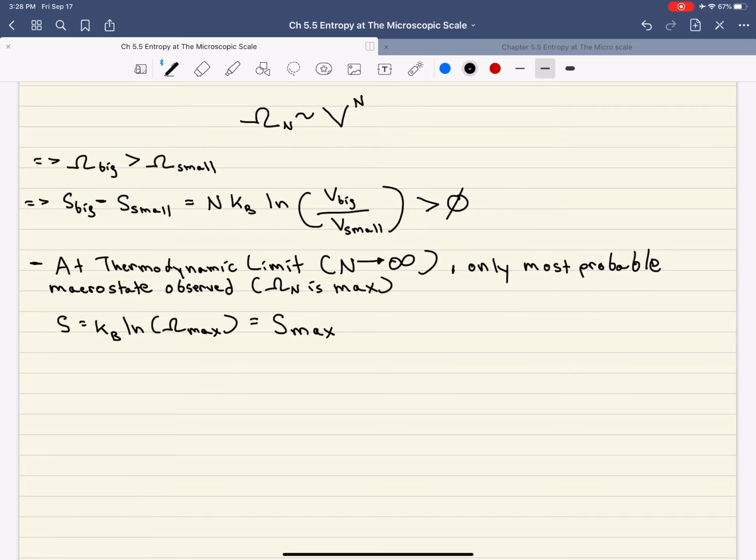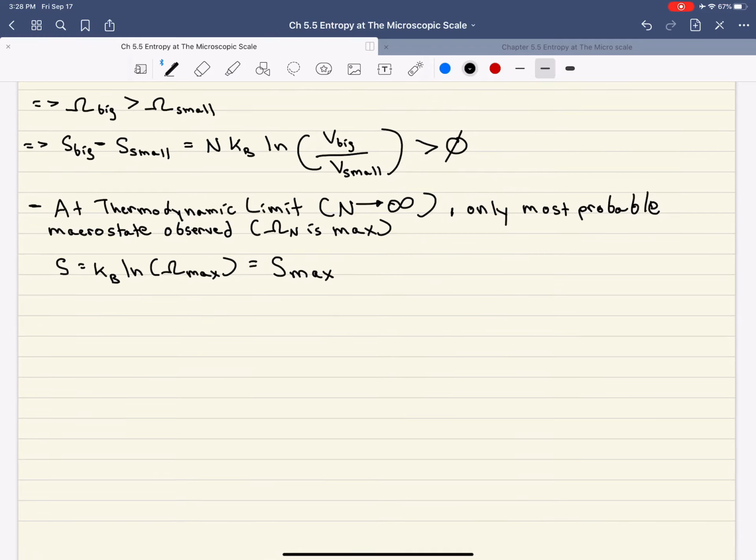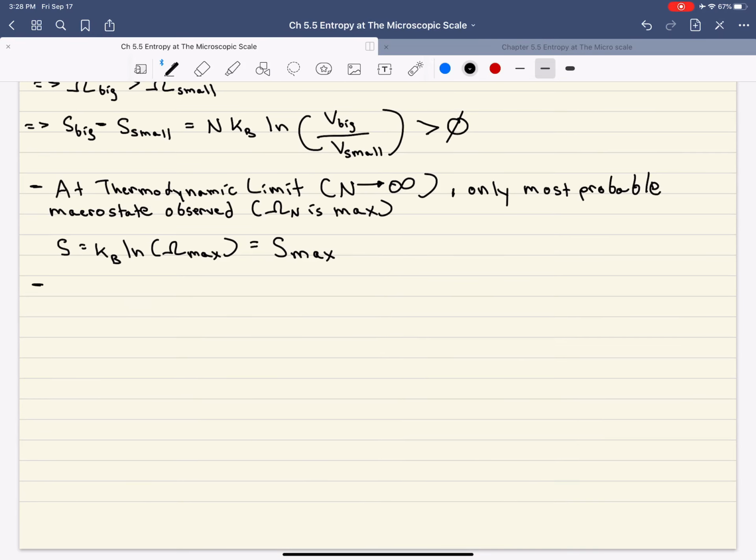What this means, there are two different ways to explain this. At the thermodynamic limit, I'm just going to tell you that the thermodynamic limit is analogous to saying that your system is at equilibrium.